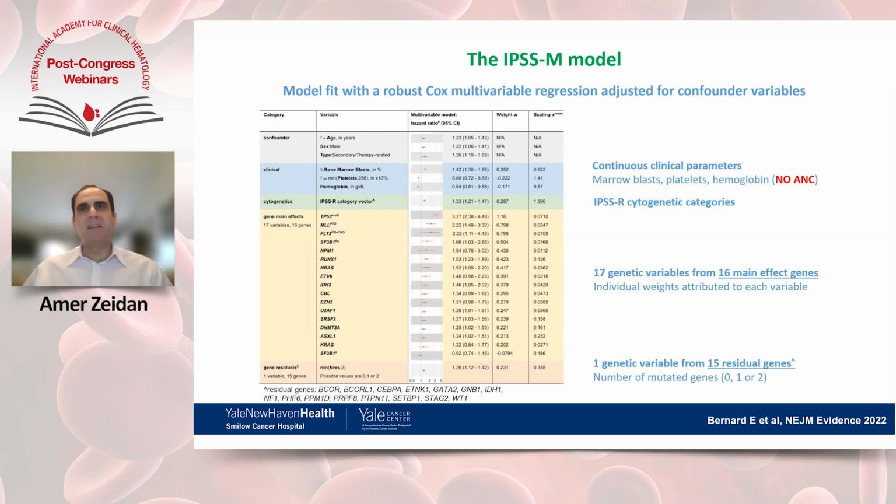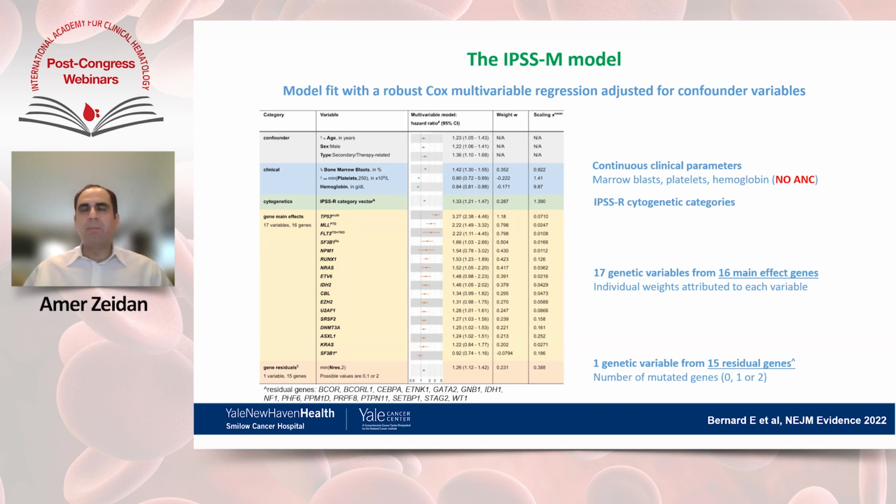Importantly, what you can see here is that the end result is that you are using 31 different genes. 16 of them are called main effect genes, and the other 15 are called residual genes. So the residual genes are integrated all together to get you one genetic variable based on the number of mutations, while the other 16 main effect genes are weighed differently. You can see the different weighing in this busy figure.